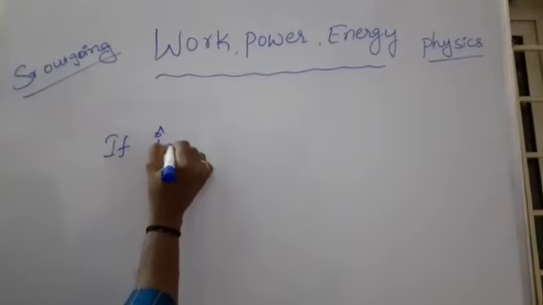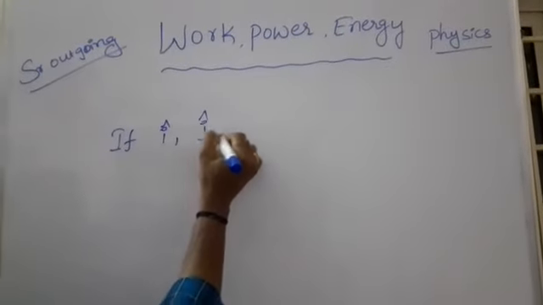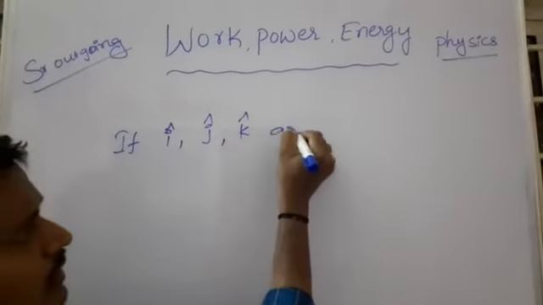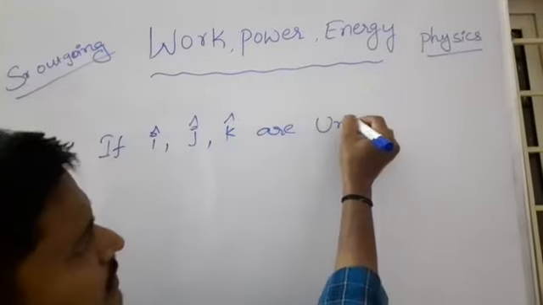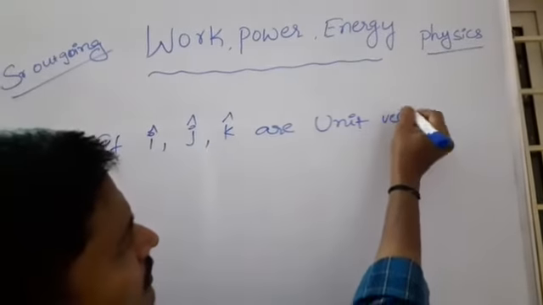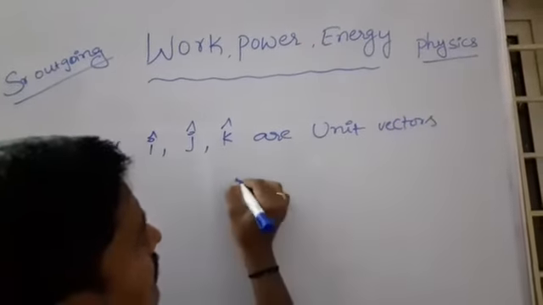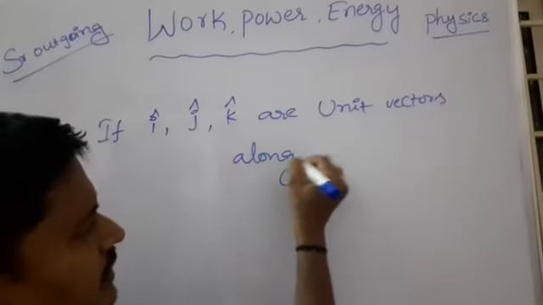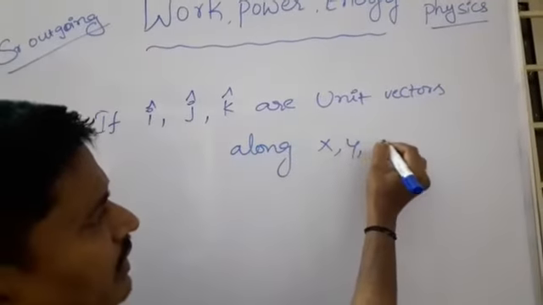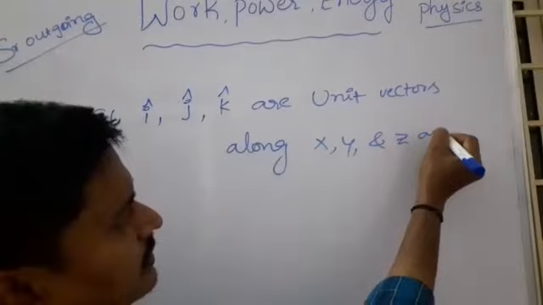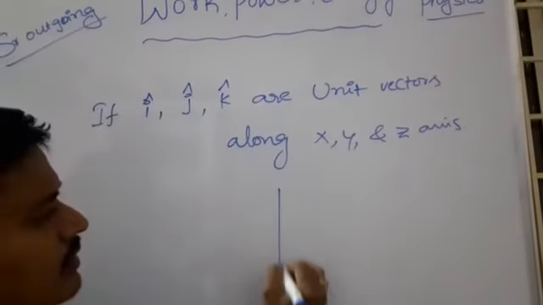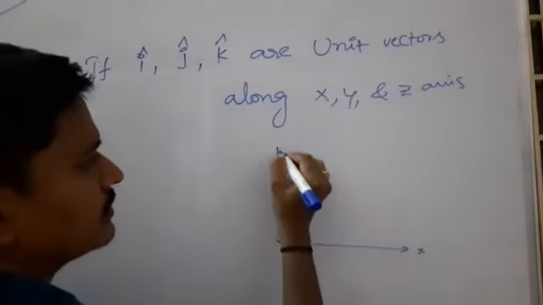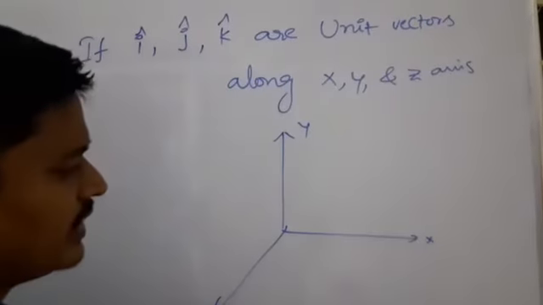I cap, j cap, k cap are unit vectors along the x, y and z axes.